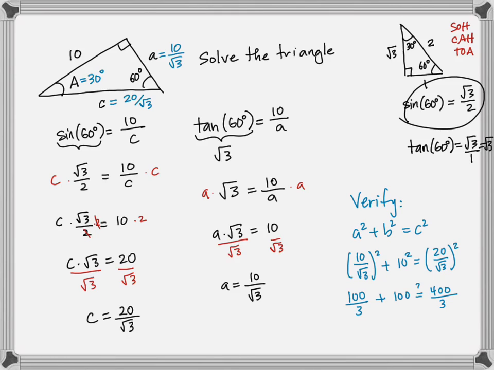So I'm just checking to see if my numbers make sense. I'm going to get a common denominator for that 100 just to double check. Right now 100 is over 1, so I'm going to multiply 100 times 3 over 3. So I get 300 over 3. And you see that that worked. 100 over 3 plus 300 over 3 equals 400.